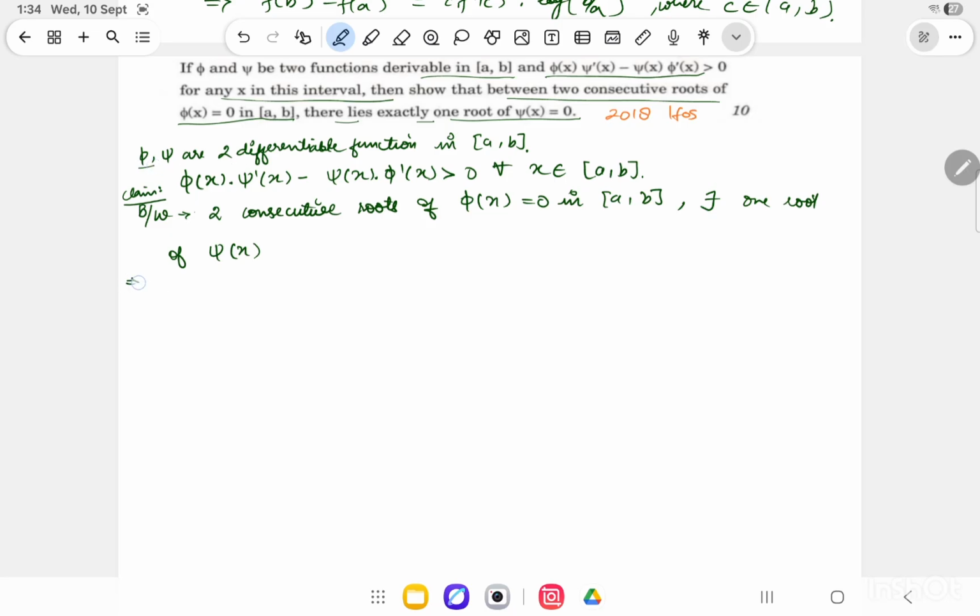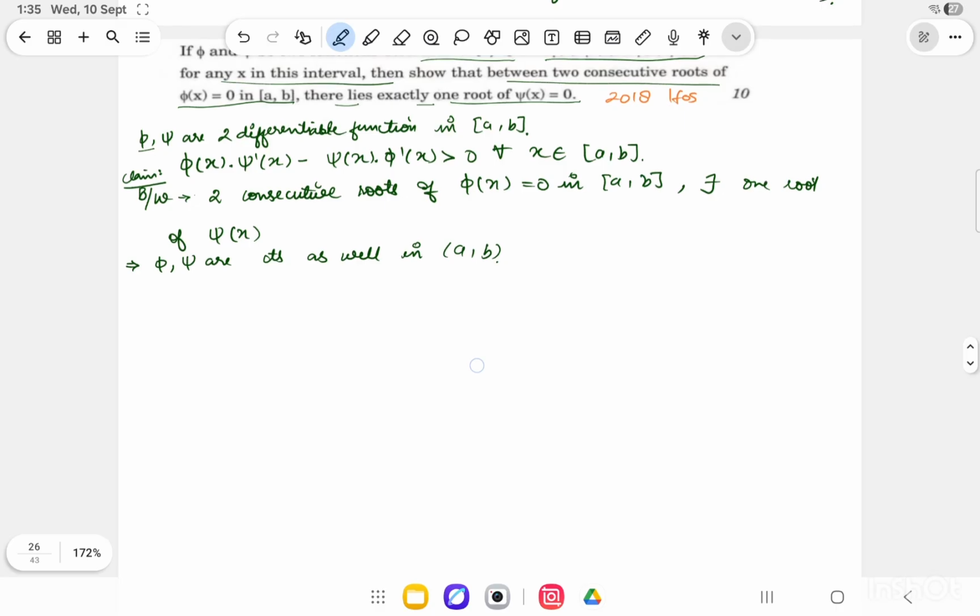So I can say that phi and psi are continuous as well in the interval [a, b], because differentiability is a sufficient condition to claim continuity of any function.